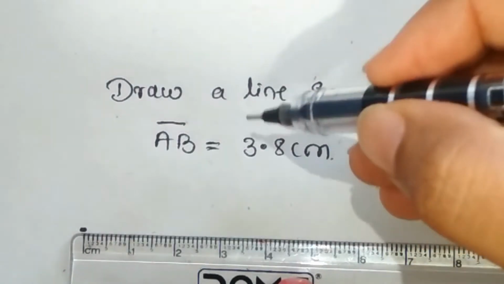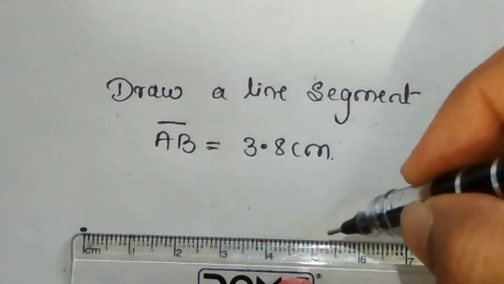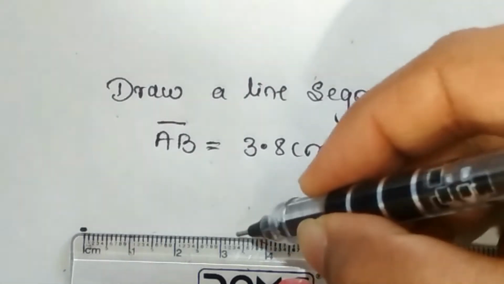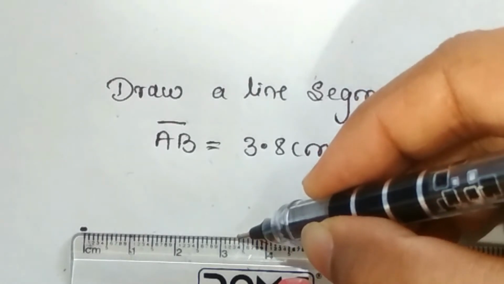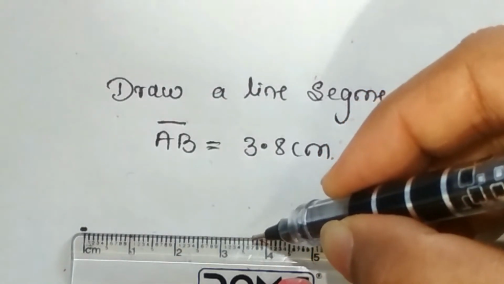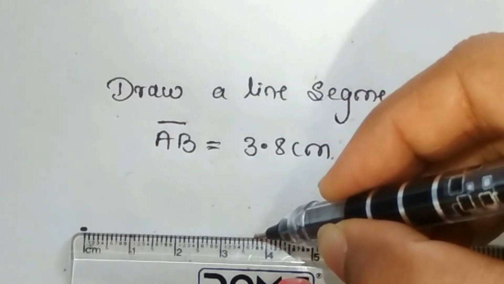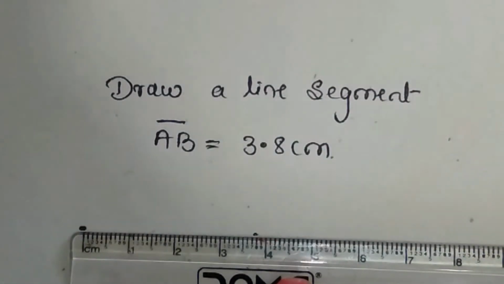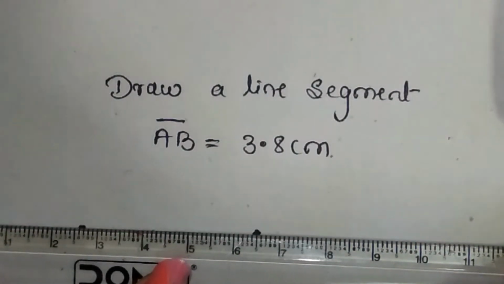So we have to draw 3.8. After 3, if we consider 8 lines, then it will be 3.8 centimeter. So I will take 3.1, 3.2, 3.3, 3.4, 3.5, 3.6, 3.7, 3.8. Here I will keep a point. After keeping one more point, we have the starting and ending points.